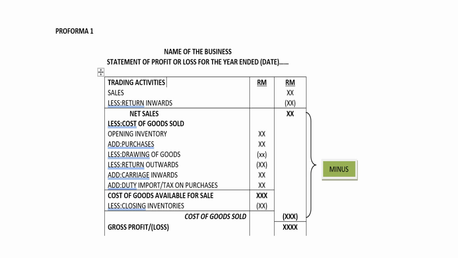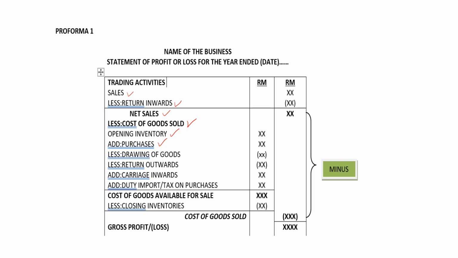Okay, we record sales revenue. The first item, you record sales revenue, and then you minus sales return inwards or sales returns. And then you will get net sales. Next, we record cost of goods sold. So items under cost of goods sold include opening inventories, add purchases.